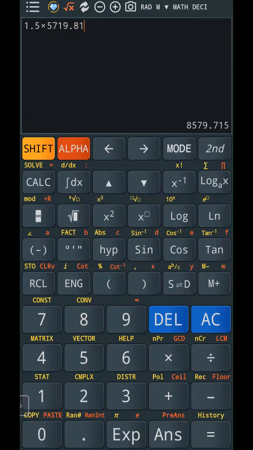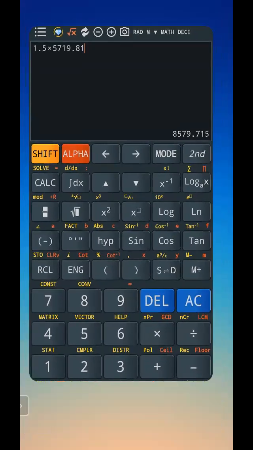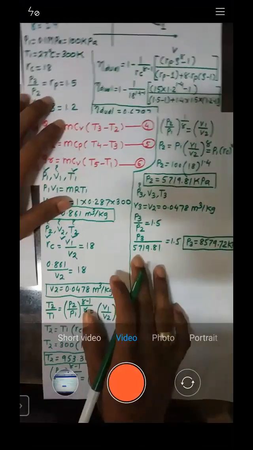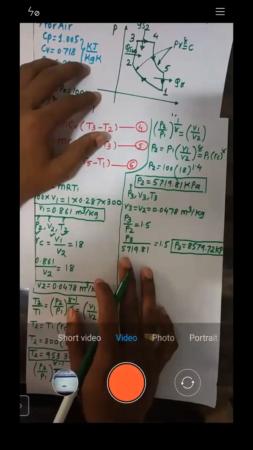So that is nothing but 8579.72 kilopascal, right? This is the value of P3 what we got.